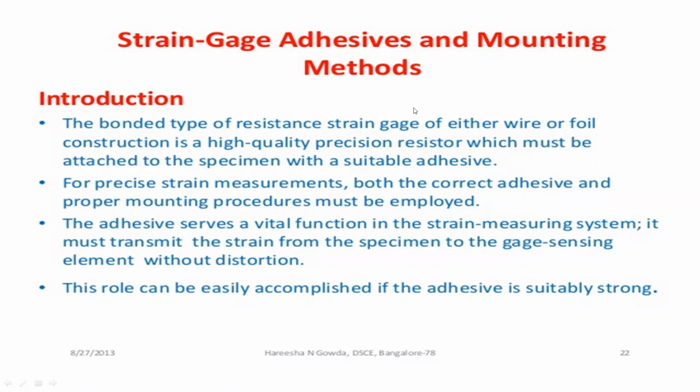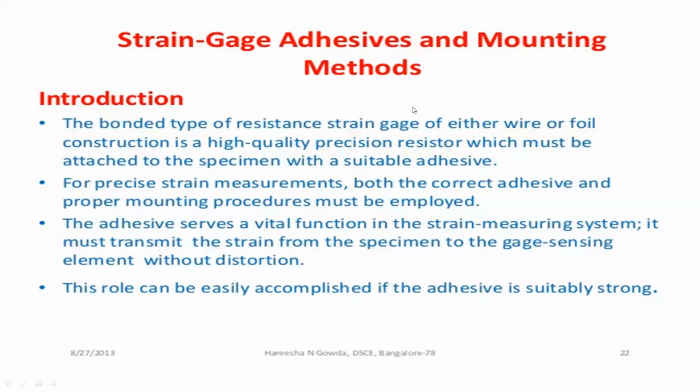So the adhesive serves a vital function in the strain measuring system. It must transmit the strain from the specimen to the gauge sensing element without distortion. This role can be easily accomplished if the adhesive is suitably strong. So what is the main purpose of adhesives in the manufacturing of these different types of strain gauges?